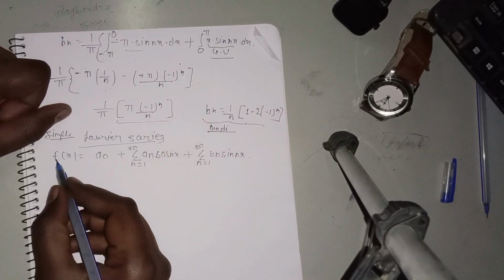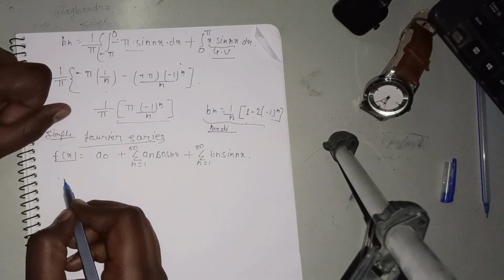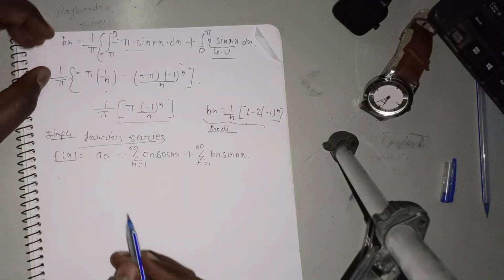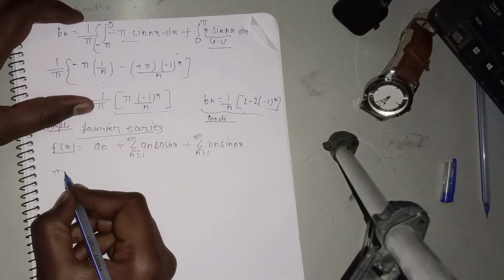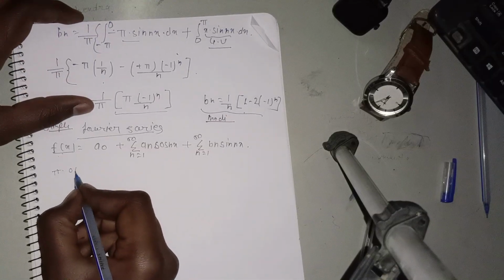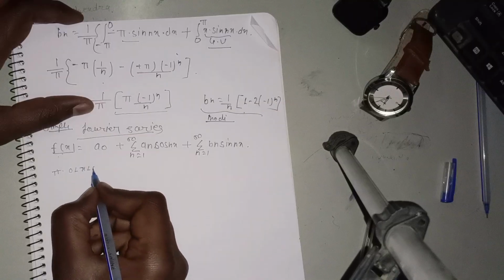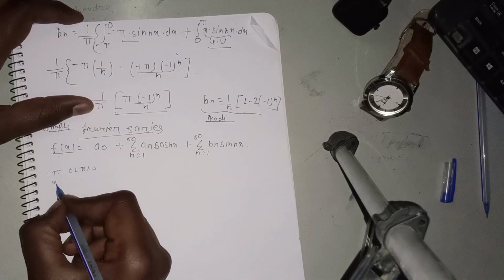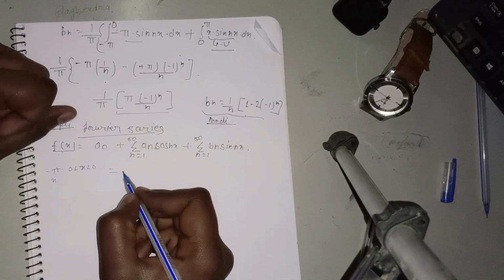So now put all values. f(x) was what? f(x) was different. So what should I put? f(x) was minus pi for limit minus pi to 0, and this was x for 0 to pi.